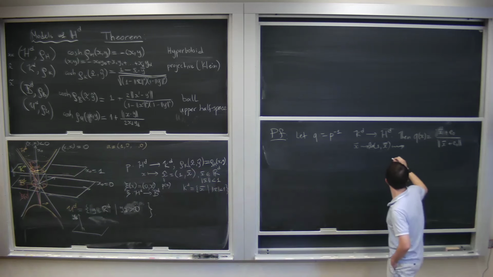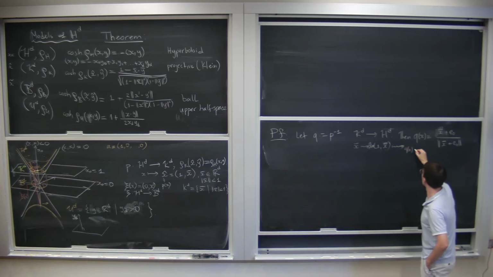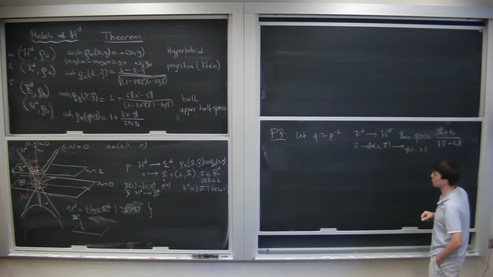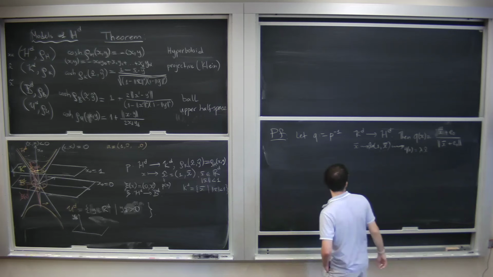So my Q of X, right? Okay, let us think this way. Q of x should be some lambda x hat, right? And how do I find this lambda?